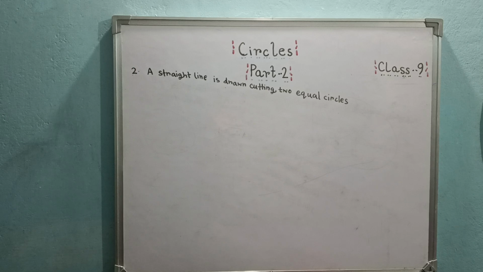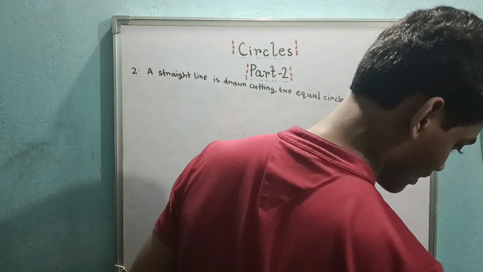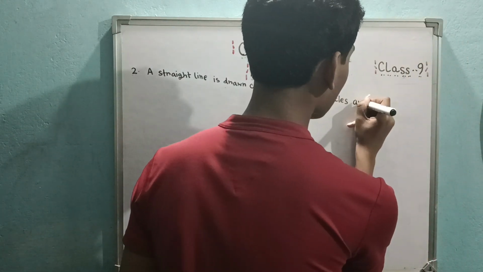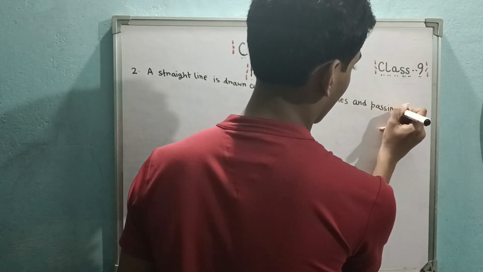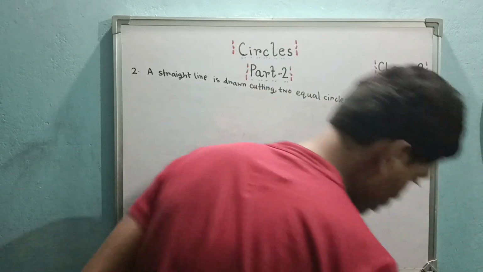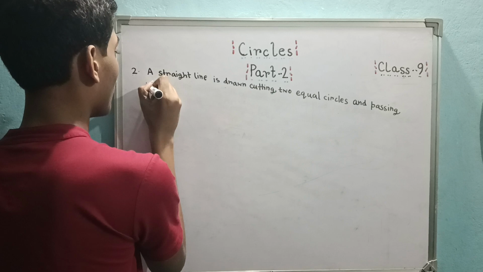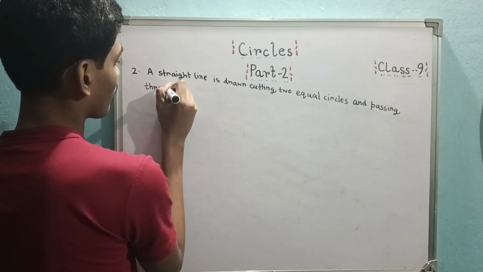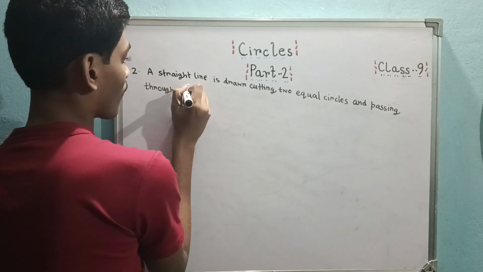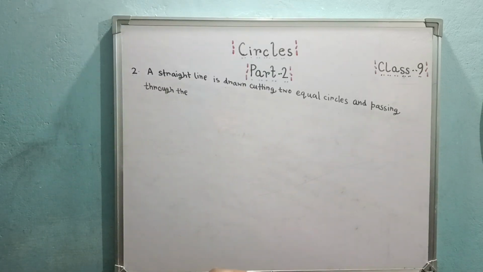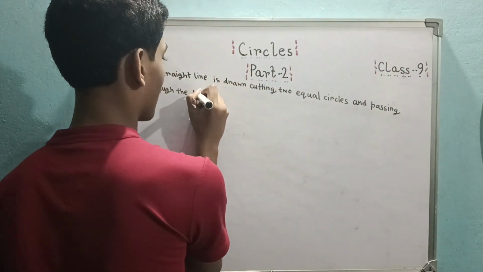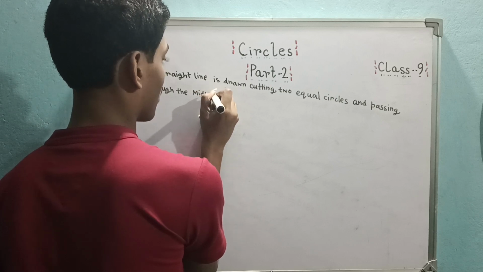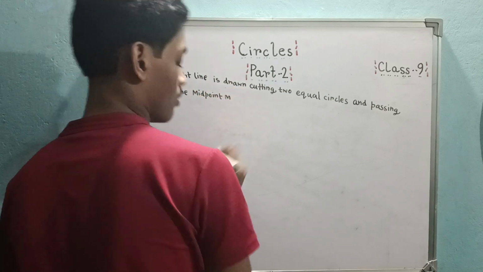Equal circles, and passing through the midpoint M of the line joining the centers O and O dash. Midpoint is M. So a tricky question.